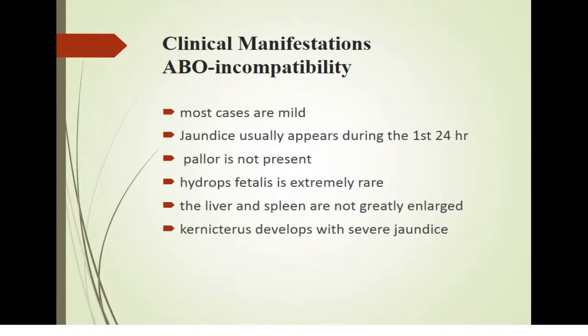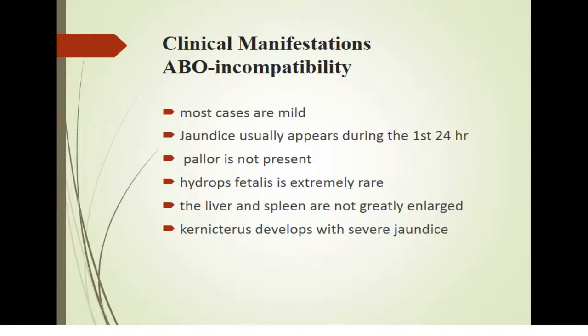Clinical manifestations. Most cases are mild, with jaundice being the only clinical manifestation. The infant is not generally affected at birth. Pallor is not present, and hydrops fetalis is extremely rare.